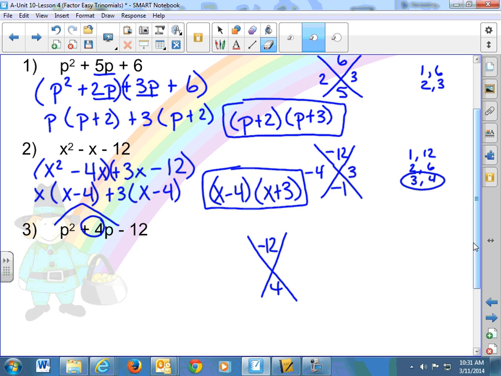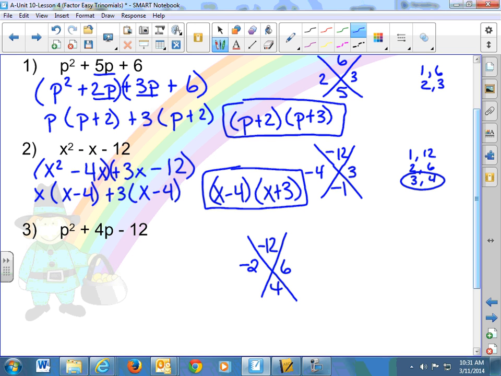And we can use the same factors from before. I've got 1 and 12, 2 and 6, 3 and 4. I like the looks of 2 and 6. So I need to decide which one's going to be positive, which one's going to be negative. And it's okay. We have a +6 and a -2.